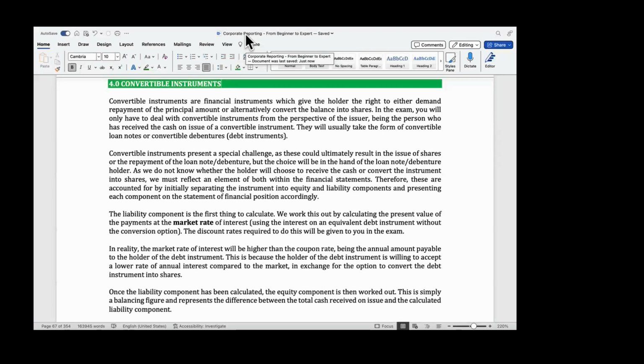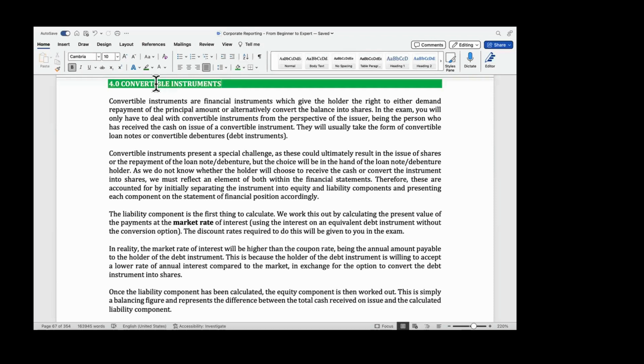So the challenge here is this: if we borrowed money and I know from day one that this investor is going to convert this borrowing to shares, that borrowing in my books, I won't even record it as a liability. I will record that kind of borrowing as an equity instrument, because I know that this investor is going to convert to shares. So we recognize it in our books as equity.